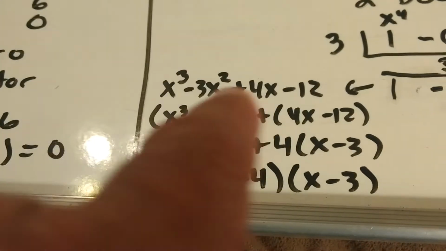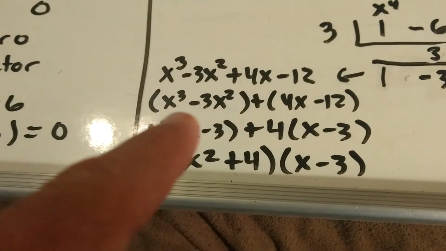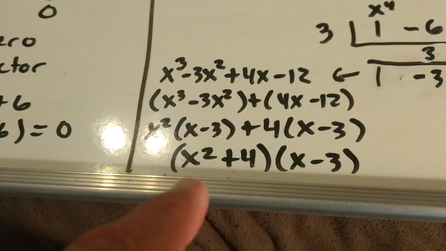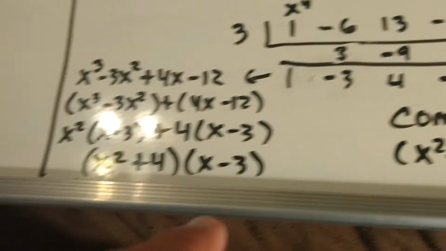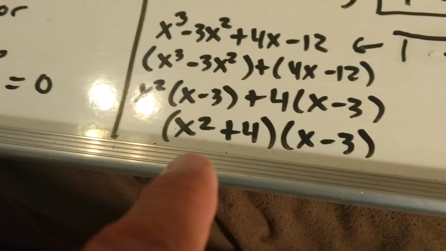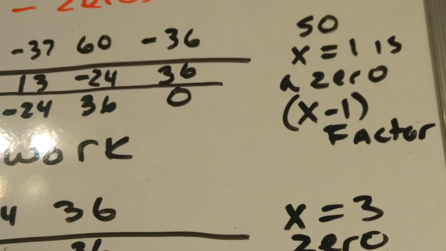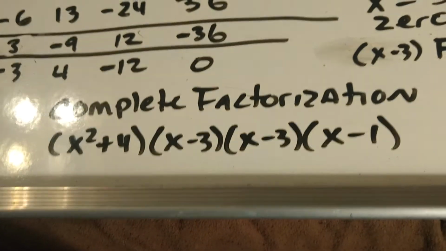So I bring it over here, I got 4 terms, so I look to see if it can be factored by grouping. It can. Here's my process of factoring by grouping. We get x squared plus 4 times x minus 3. So the complete factorization becomes x squared plus 4 times x minus 3 times x minus 3 times x minus 1. That's the process.